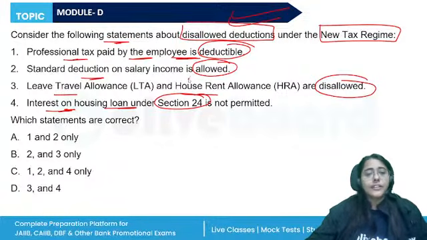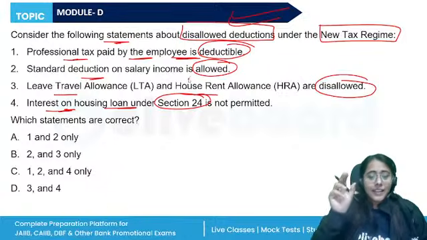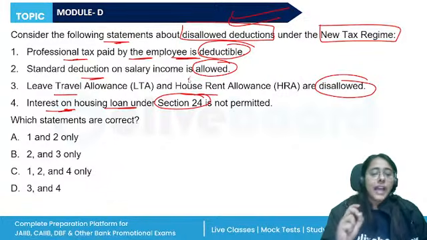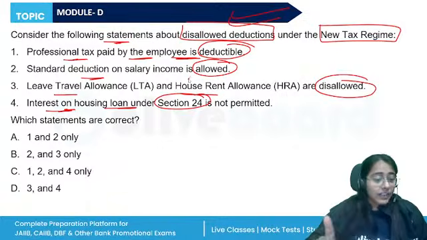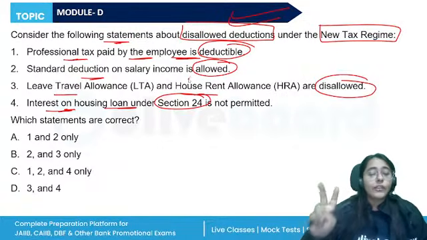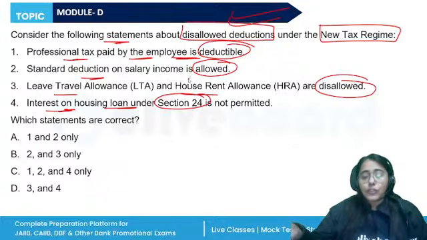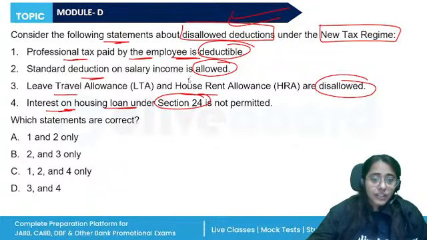Are you sure? No. In the new tax regime, those which are not allowed are leave travel allowance, house rent allowance, conveyance allowance, daily expenses in the course of employment, relocation allowance, helper allowance, children allowance, any special allowance.